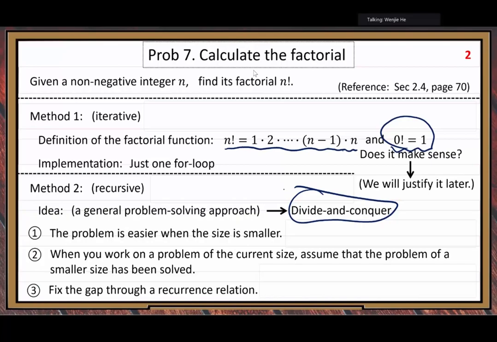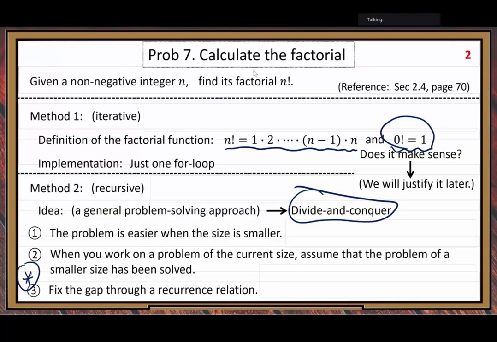You need to make a connection. There is a gap between them. So you need to do some work. Actually, this part is the most important part in recursion.